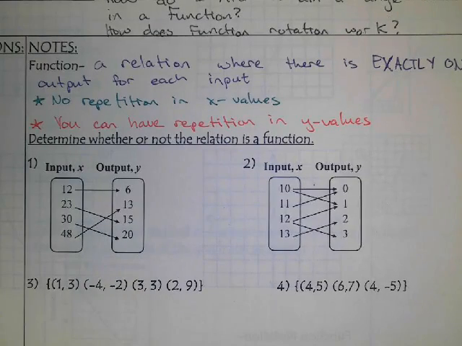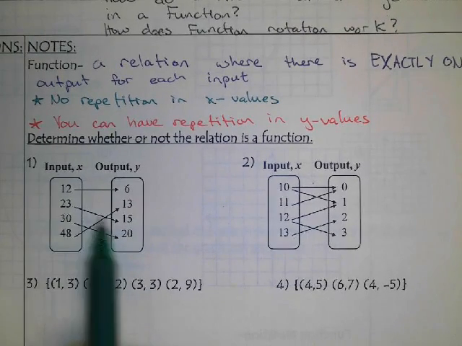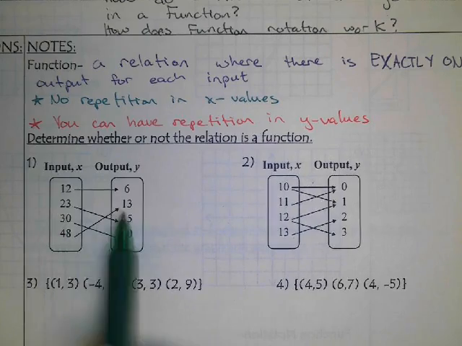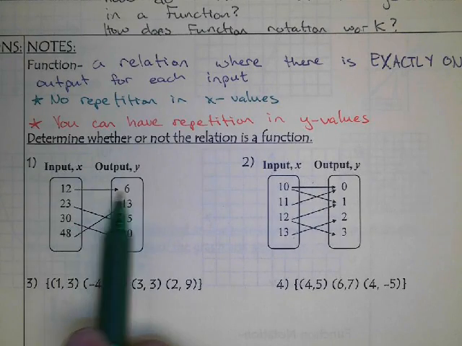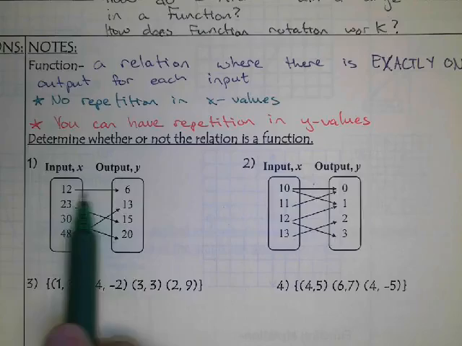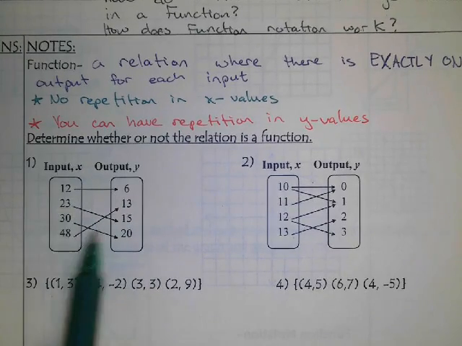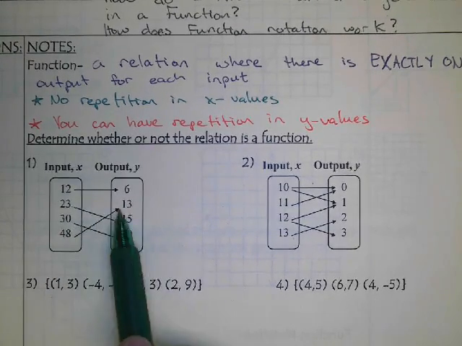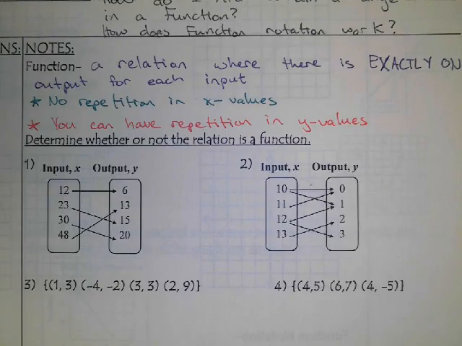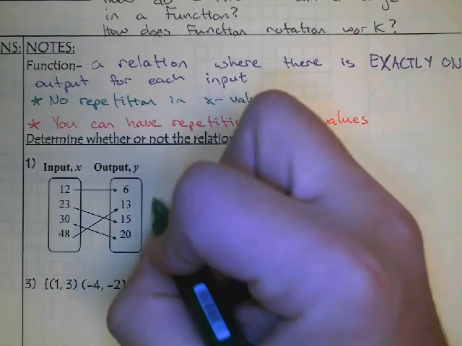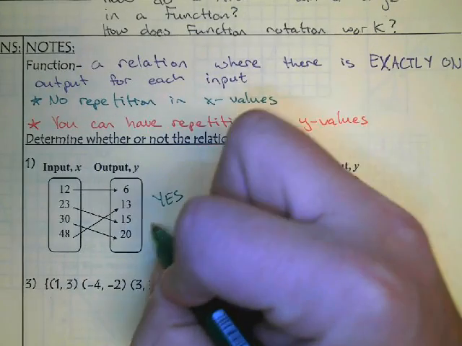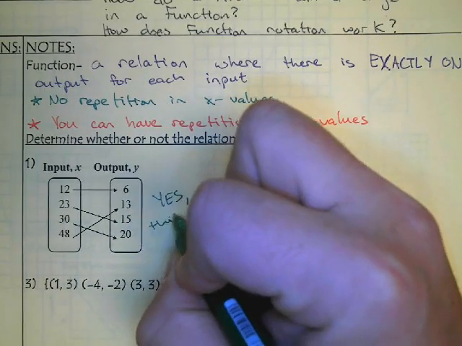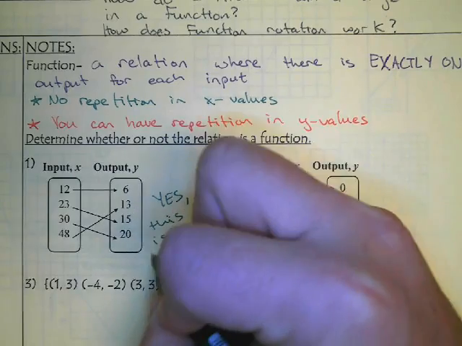For a mapping, that means, do I have two arrows coming out of any x value? Well, 12 only has one arrow, 23 has one arrow, 30 has one arrow, and 48 has one arrow. So as long as all the inputs only have one arrow in a mapping, this is a function. Yes, this is a function.